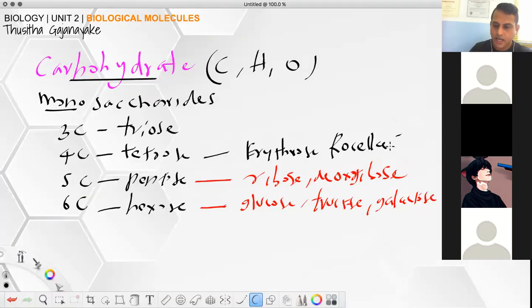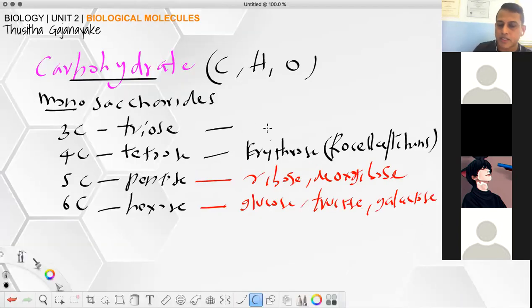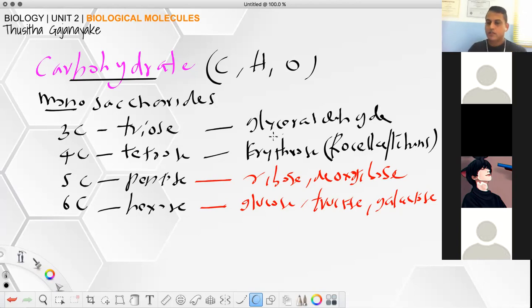Rosella is a lichen, a group of plants that come under lichen. And we can find a large amount of erythrose in this kind of lichen. And triose is again very common, 3-carbon glyceraldehyde. These are the examples given for these monosaccharides.